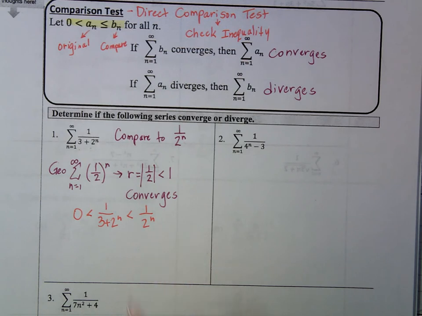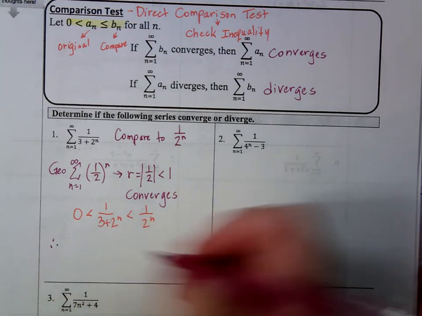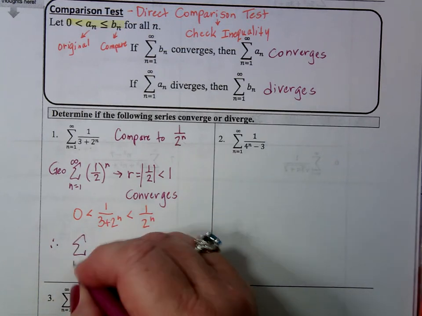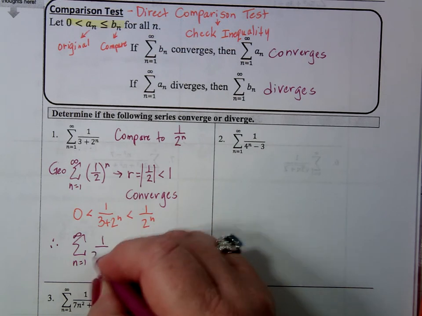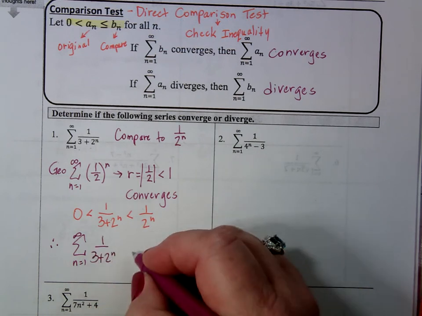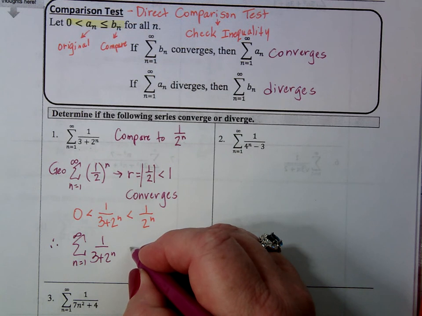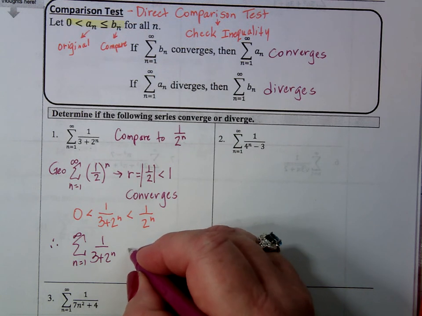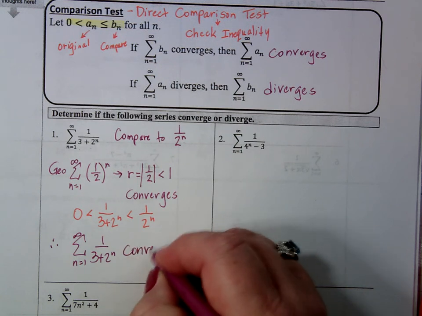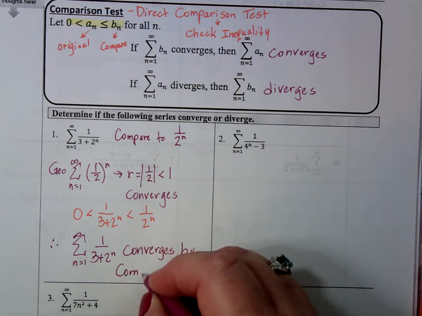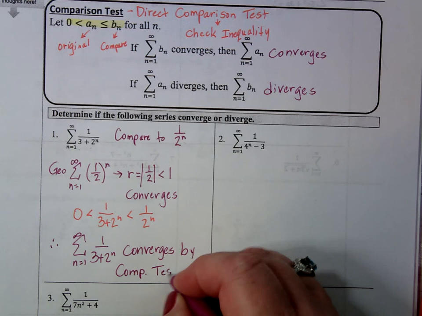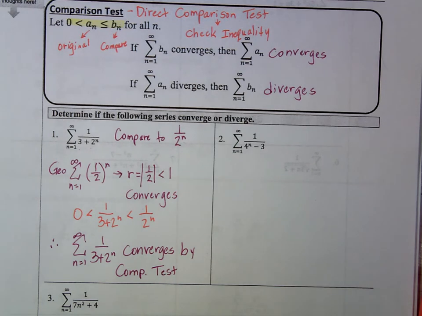And the answer is yes, so my comparison would work, and I can say, therefore, the summation of my A sub n, 1 over 3 plus 2 to the n, converges by the comparison test, or direct comparison test, depending on the book. But that's that guy.